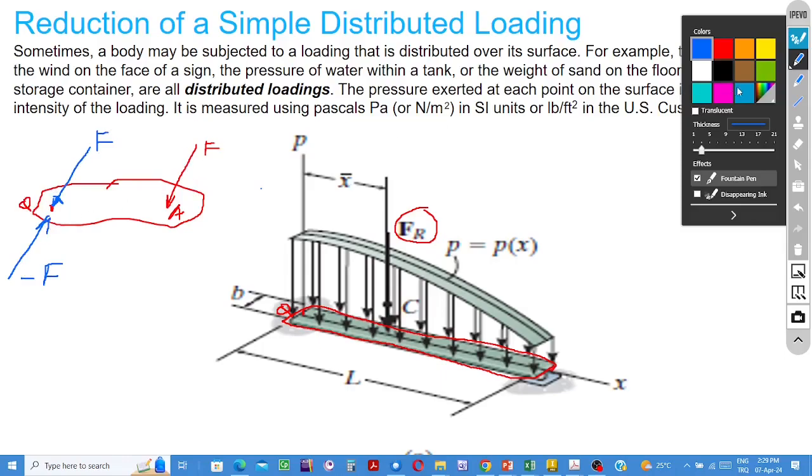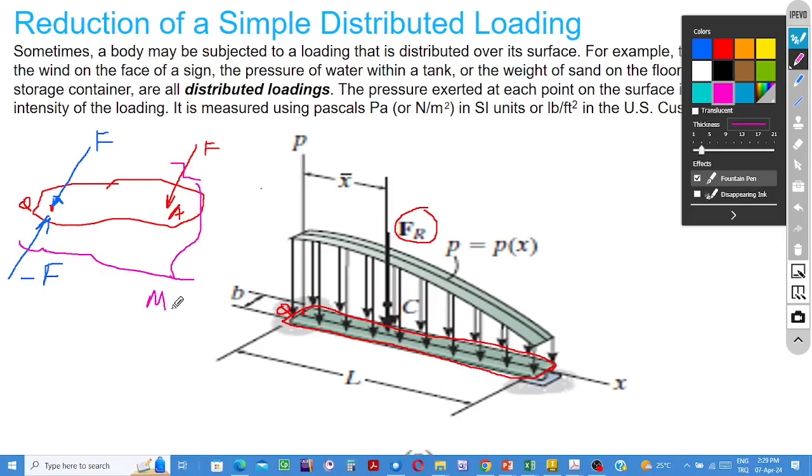Here, distinguish that this force and that force are parallel to each other. Magnitudes are the same, but the sense is opposite. This and that form a couple.